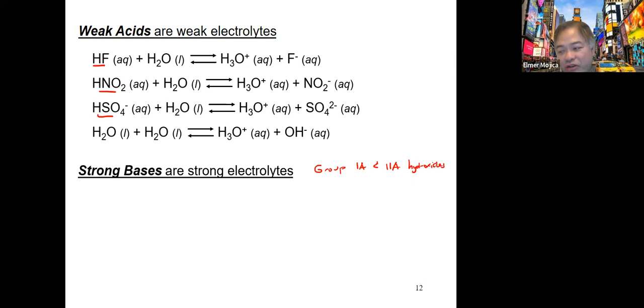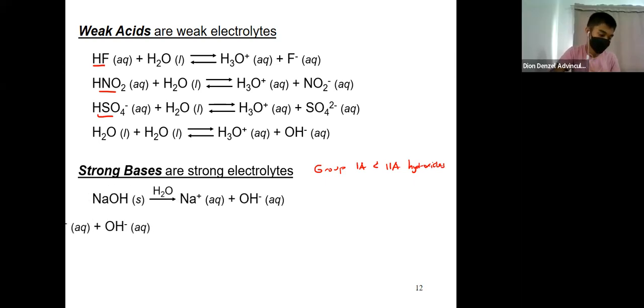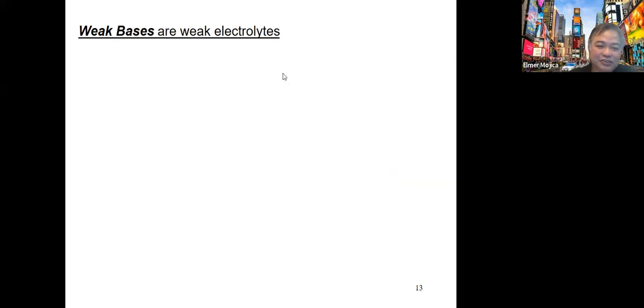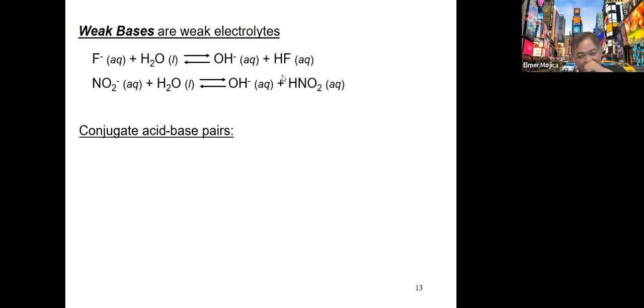Klaro ba? Yes po. So these are the examples, and all of them are group 1A or group 2A. If they're not listed there as strong bases, most likely they're weak bases. And again, the difference is in the arrow.